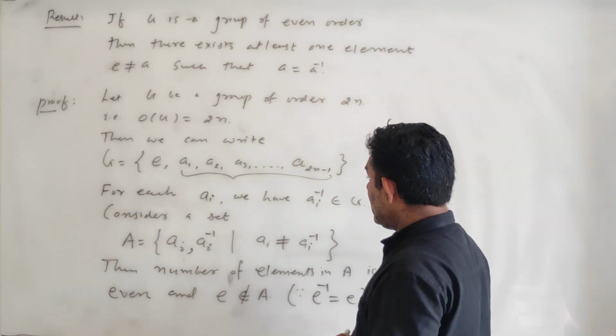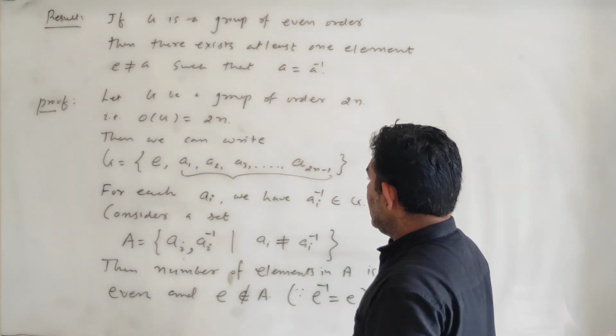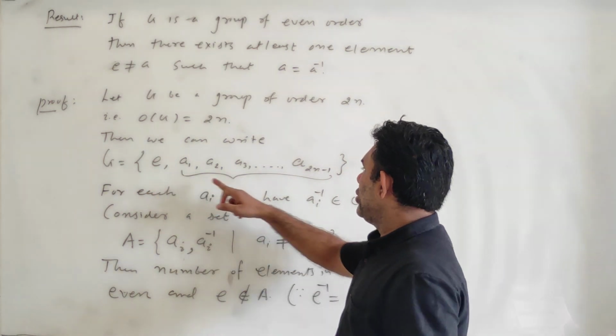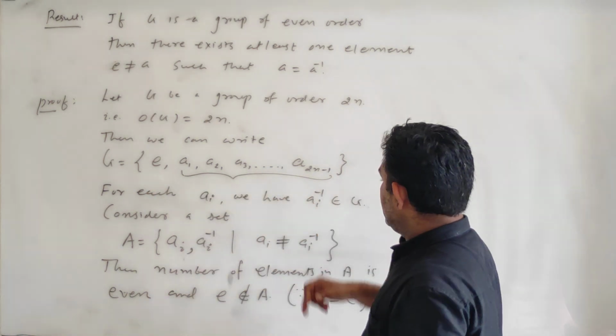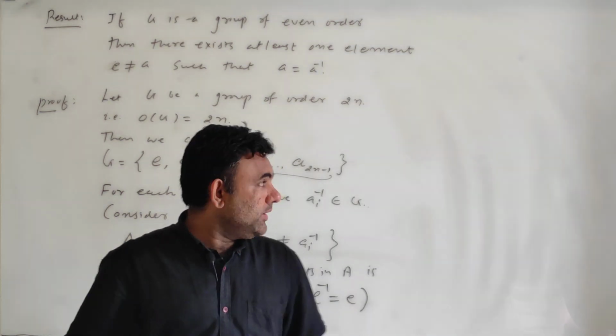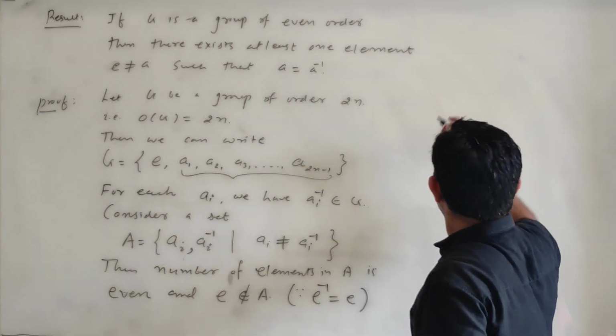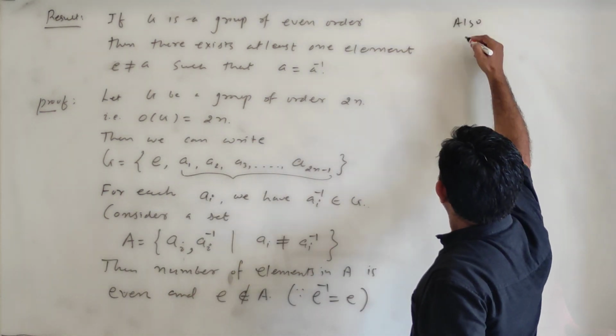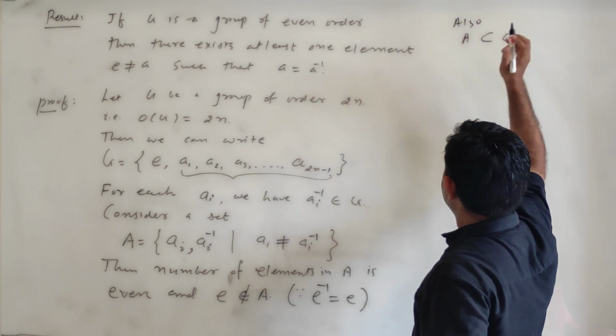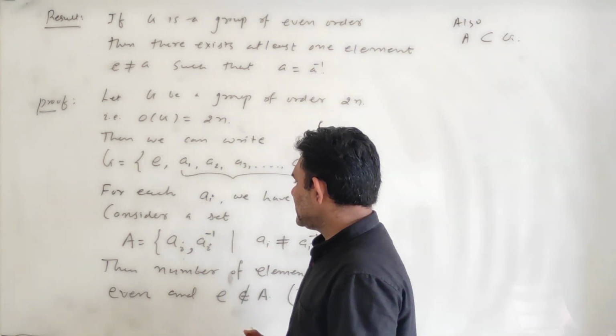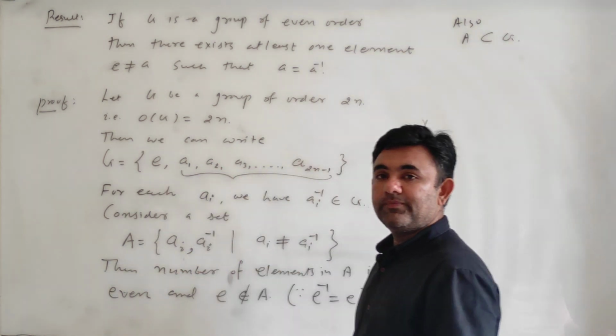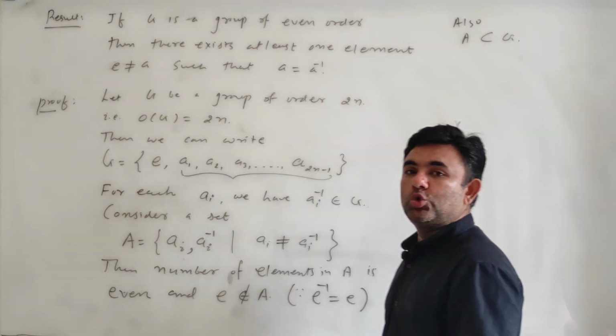So now you see, here we have in group 2n elements, and A is a subset of G. All these elements in A are coming from G. In G I have total 2n elements.